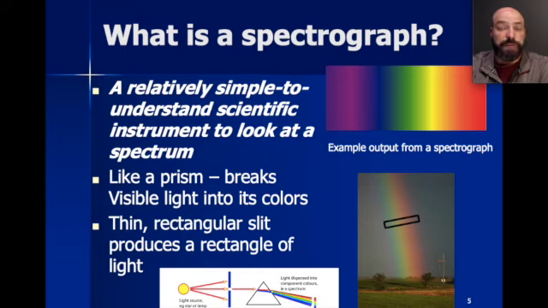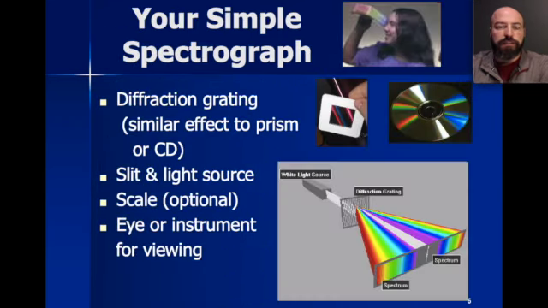A prism does that by refraction, by bending the light. In a spectrograph, we typically use a diffraction grating, which is basically very thin vertical slits, and those tiny openings allow the light to pass through, and then it bends around the edges.